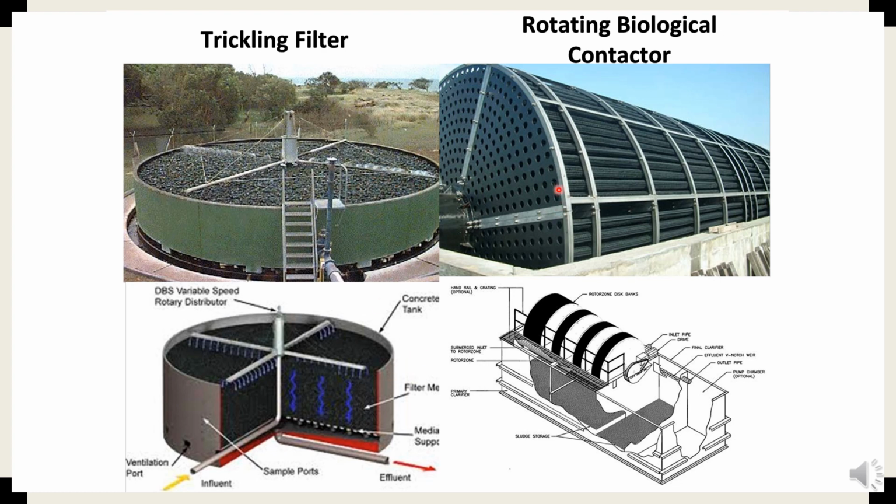For example, there are a lot of rocks and stones and biofilm attached on the rock or stone, and here the disc is rotating and biofilm is attached on the rotating disc. As it rotates, the biofilm experiences the waste, and it is exposed to oxygen in the air, and it goes back to the wastewater again.